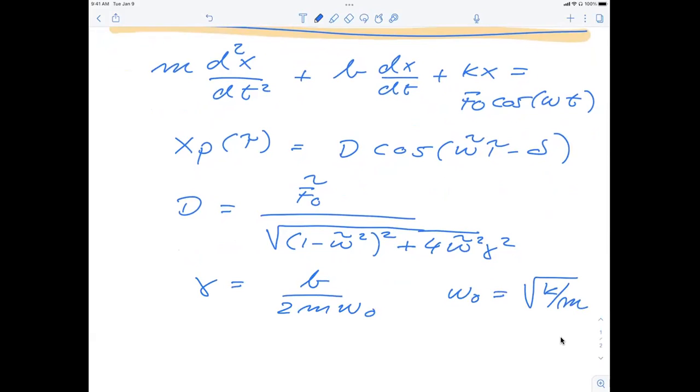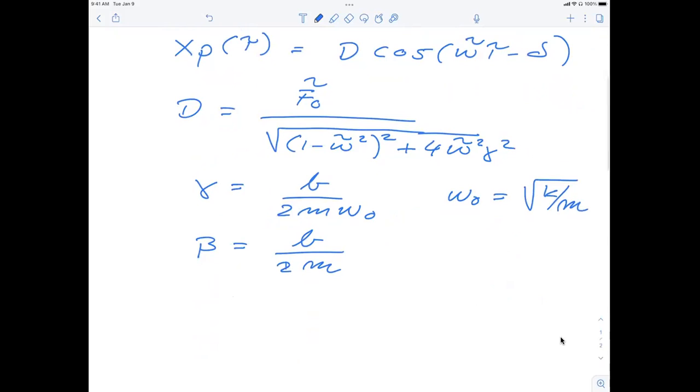We defined a new parameter as well, which we called beta, which was simply given by this friction parameter or resistance parameter divided by 2 times m.